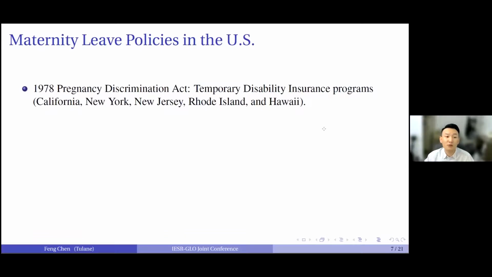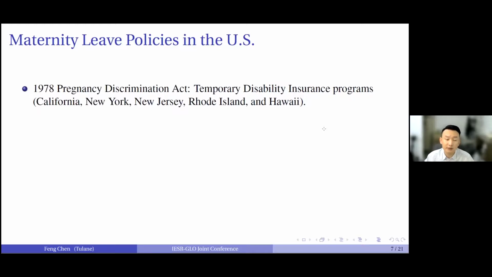Before moving to the empirical part, I want to introduce some institutional background of maternal leave policy in the United States. In 1978, there was the Pregnancy Discrimination Act. This act requires states with a disability insurance program to provide paid leave for pregnant mothers.